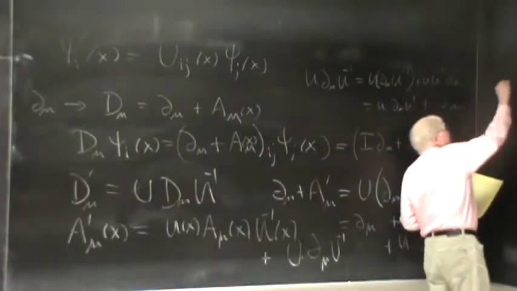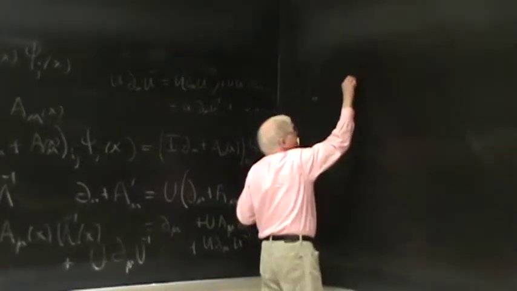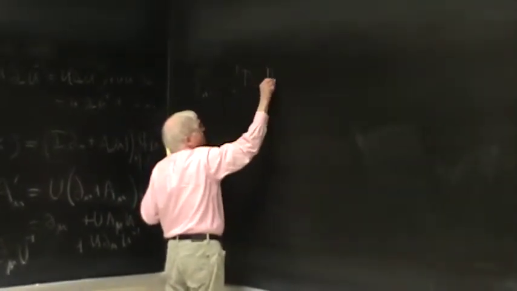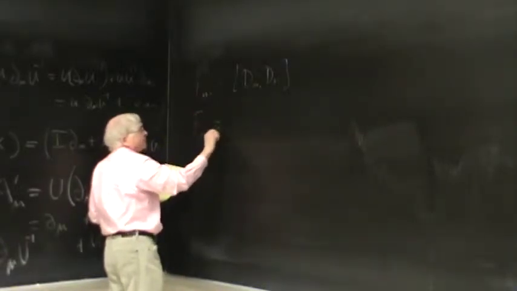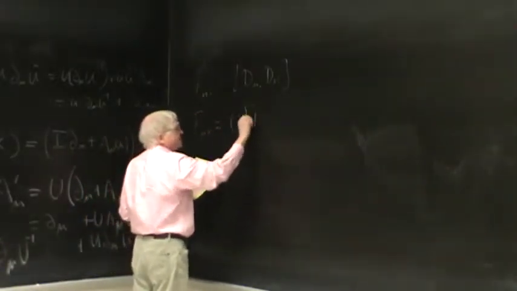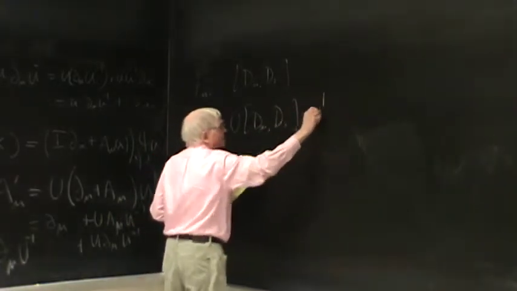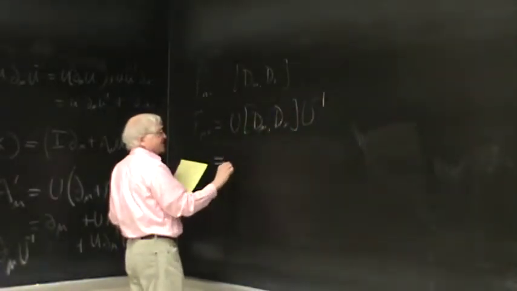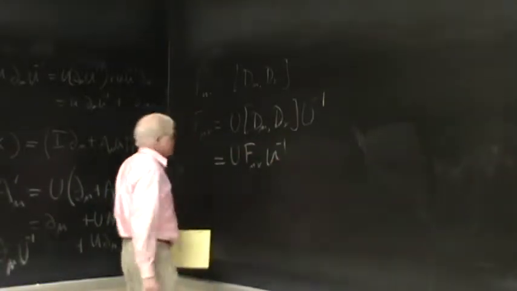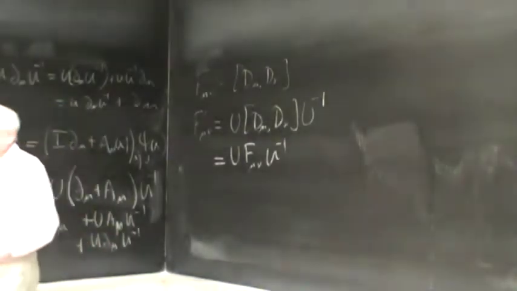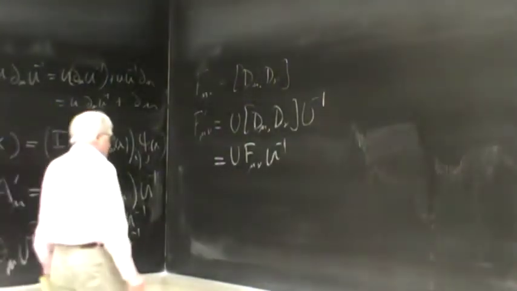Okay, now of course F mu nu, the matrix, is the commutator of D mu with D nu, and so F prime mu nu, we saw this last time, is U D mu D nu U inverse, which is of course U F mu nu U inverse. And so we can make something that's an invariant action by taking the trace.